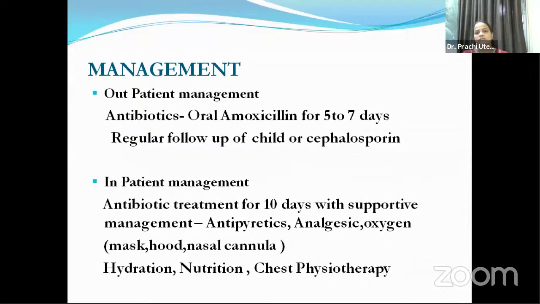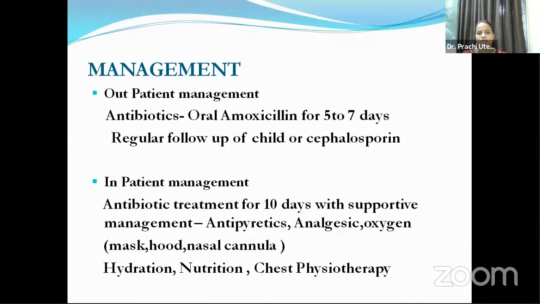Now, management. Generally, the mild and moderate variety we can manage at the OPD level. Usually general management includes antibiotics in the bacterial pneumonias like amoxicillin, cephalosporin, ceftriaxone. These are certain drugs of choice in modern medicine.